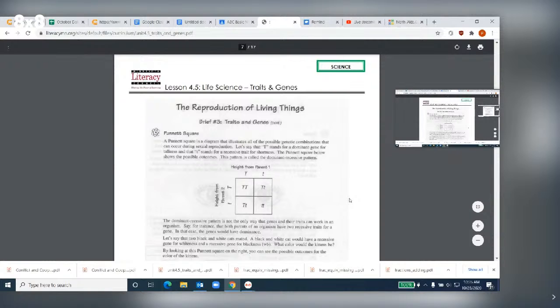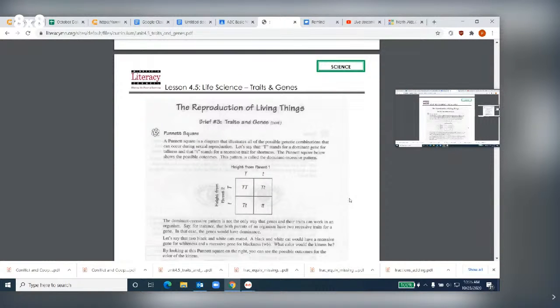So if you look at this, there's 4 possibilities, okay? So chances are that you're going to get tallness because capital T is in one square, capital T is in another square, capital T is in another square. Lowercase t is only in one square.